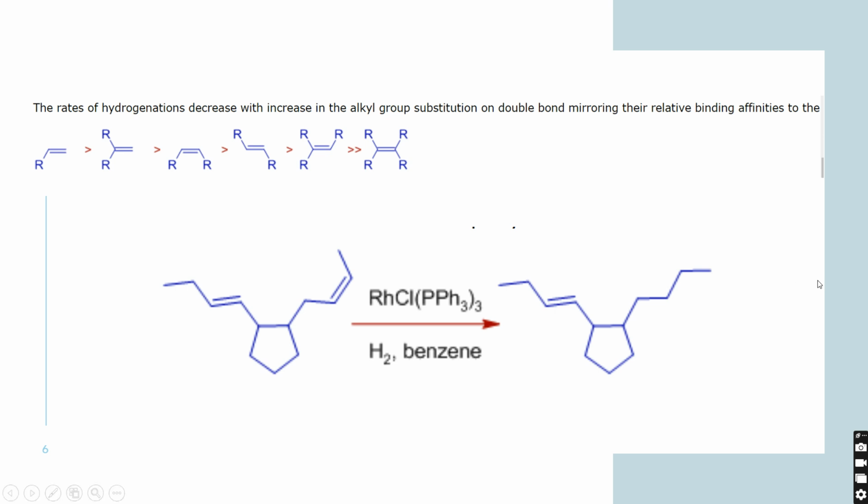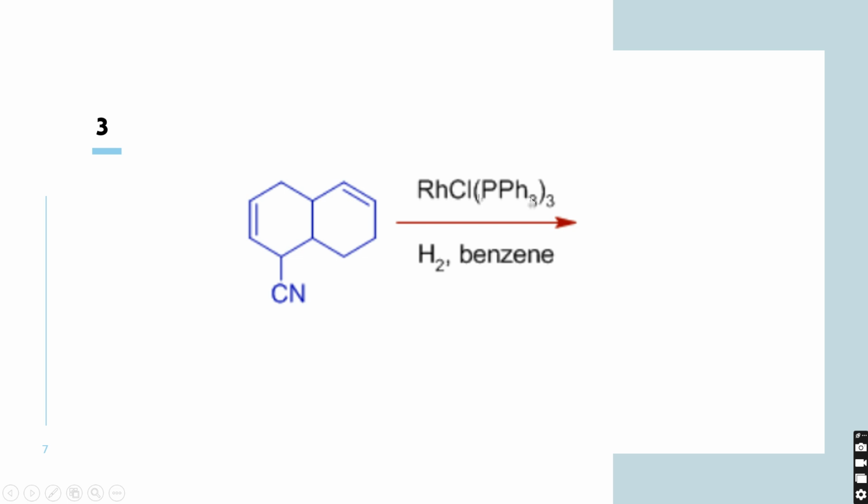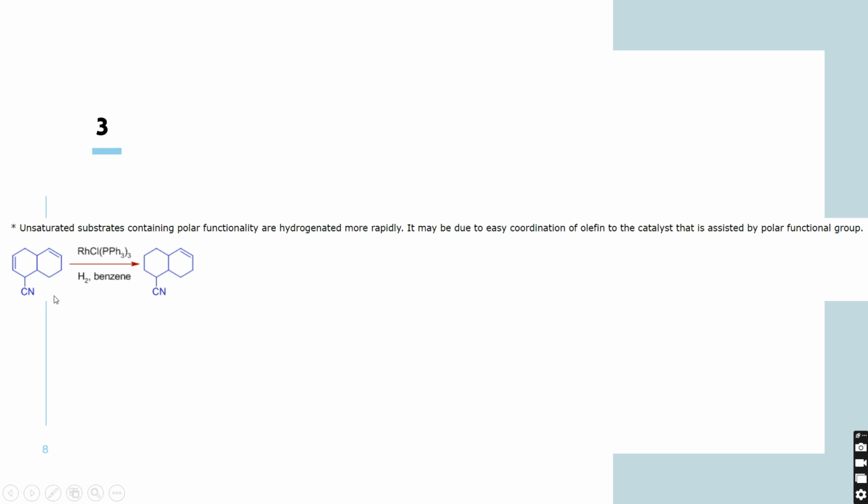Okay, and when you had two olefins and one of which was containing a polar group adjacent to it, we preferentially reduced the polar group containing double bond, because we studied that this is because of the easy coordination of olefin to the catalyst in presence of a polar functional group.